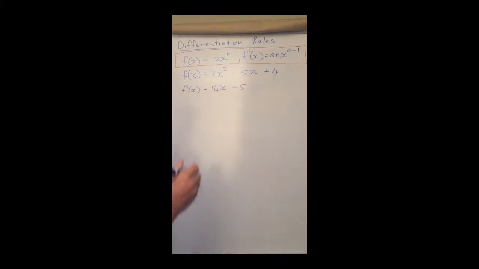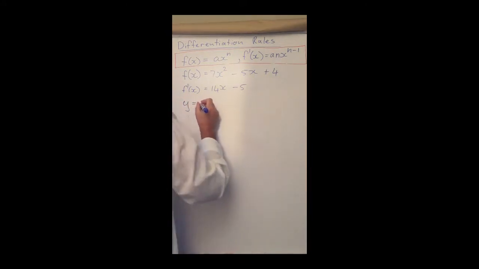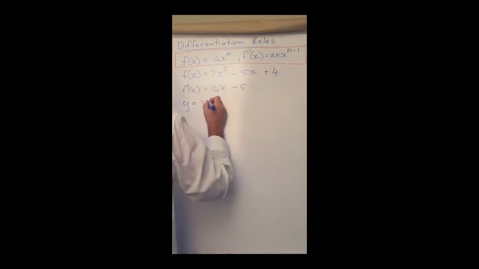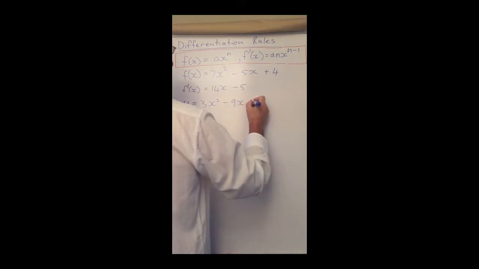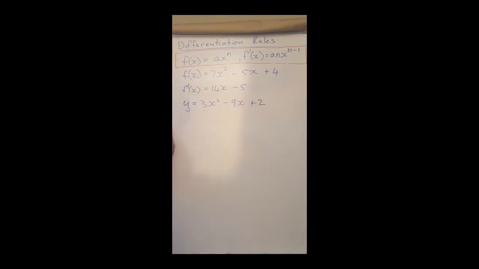Let's take another example. Let's say we write our equation as y equals 3x squared minus 9x plus 2. Another way that we can write the first derivative, or the notation for that, is dy over dx, but we pronounce it as dy dx.